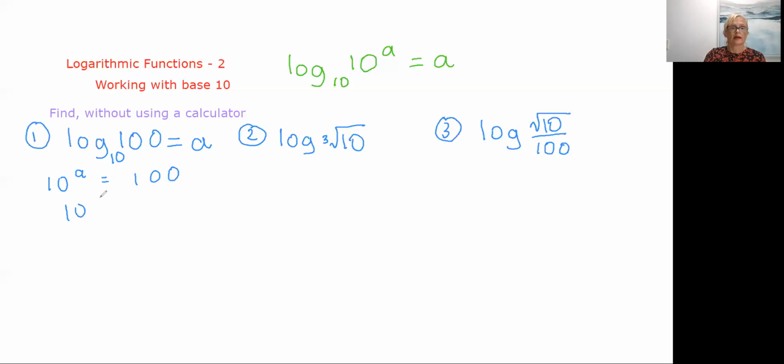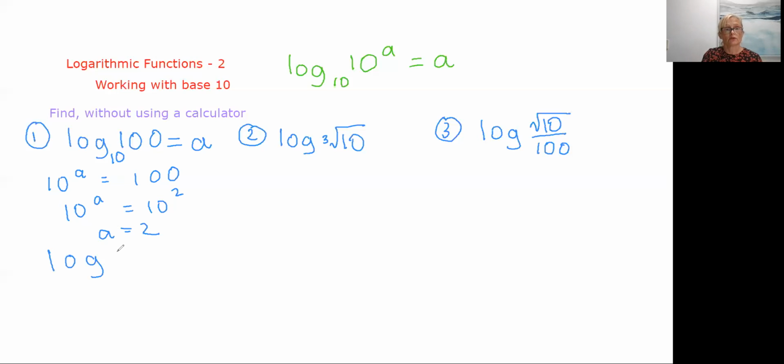So 10 to the A is 10 squared, and we put both sides with the same base and then we equated the indices. However, we don't want to continually live in the past. We want to move on with our lives and get a bit more used to dealing with logarithms as they are. So that's not the preferred way of doing it. Let's do it the preferred way.